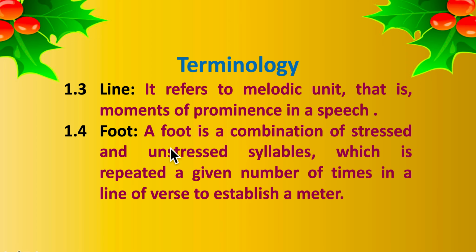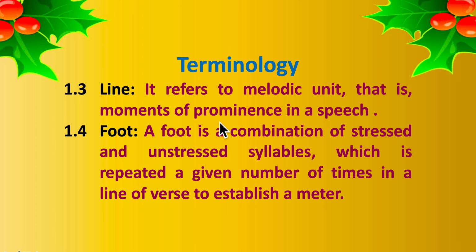1.3, line. We came across it while we talked about the melodic unit. What is line? It refers to a melodic unit, that is, moments of prominence in a speech. This is a technical word, not a normal or general word like the line of a sentence. Line here refers to a melodic unit. It creates melody.